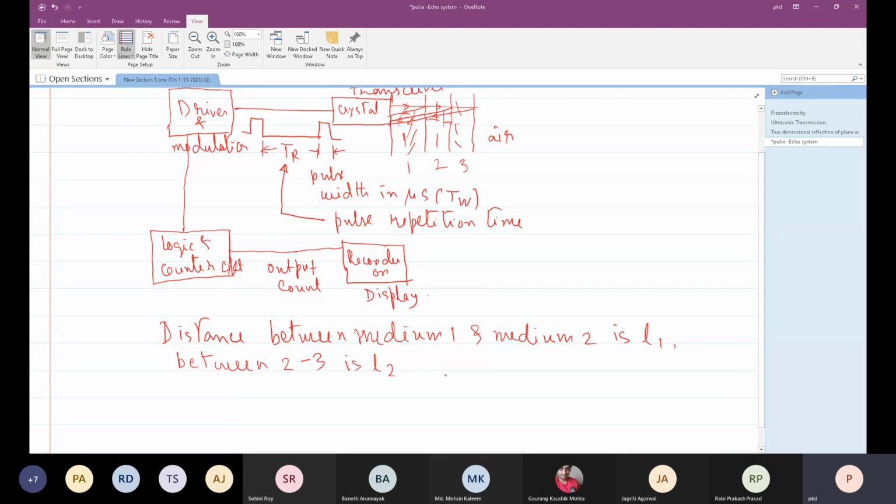So therefore the first reflection comes from the 1-2 boundary.